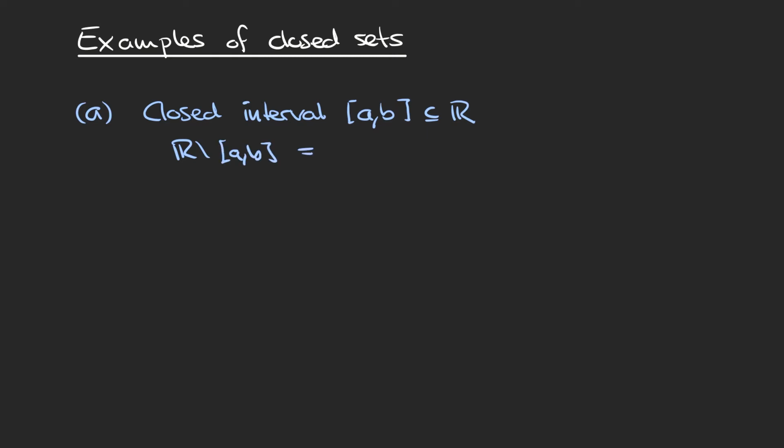Now this is equal to the ray going from a to minus infinity, so that's open on one side, unioned with the ray going from b to infinity that's open at b. Now we know that individually, both of these sets are open, and so their union is also open. Hence, because the complement of this closed interval [a, b] is open, it means that the closed interval is in fact closed according to our definition, which is good.